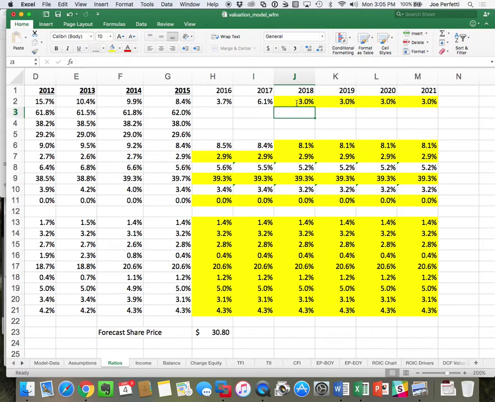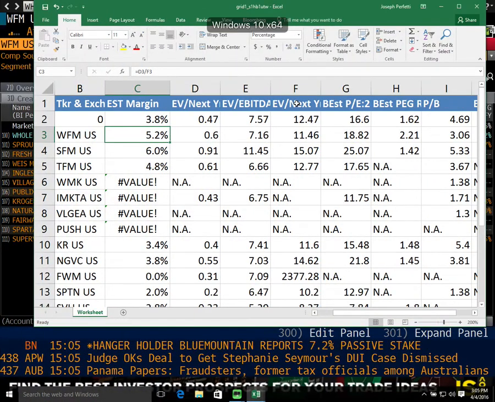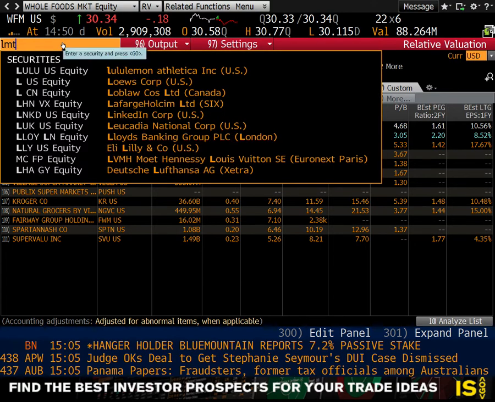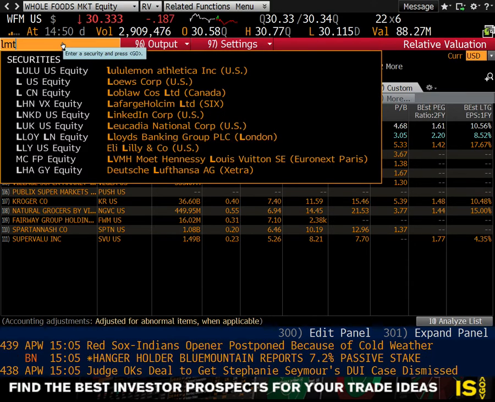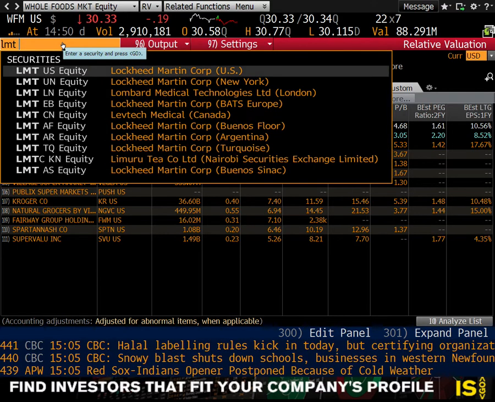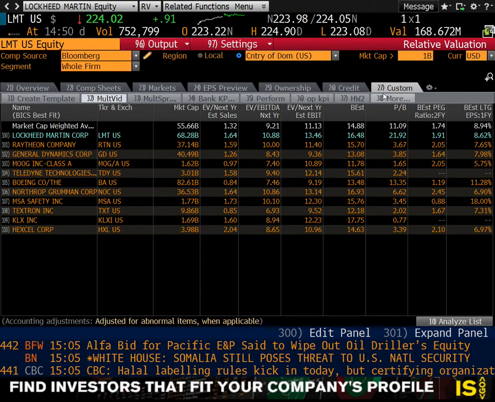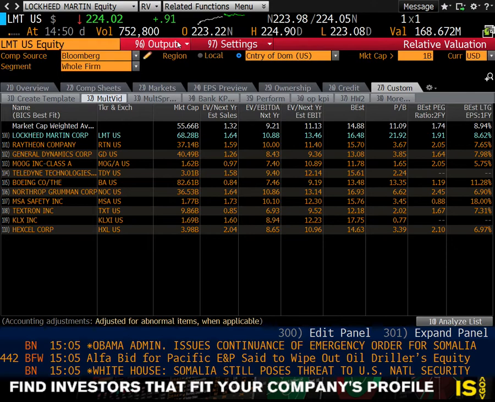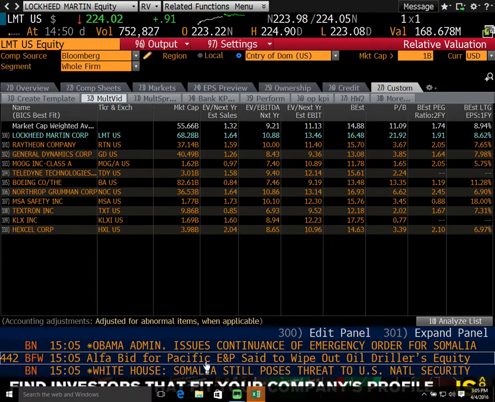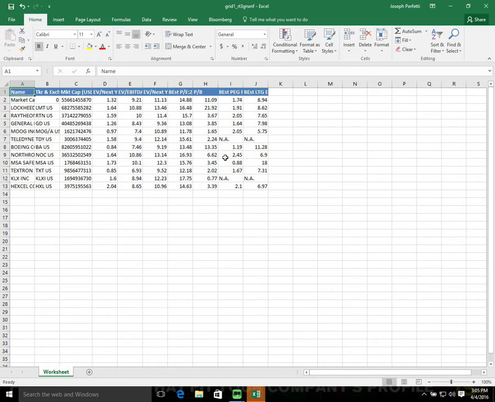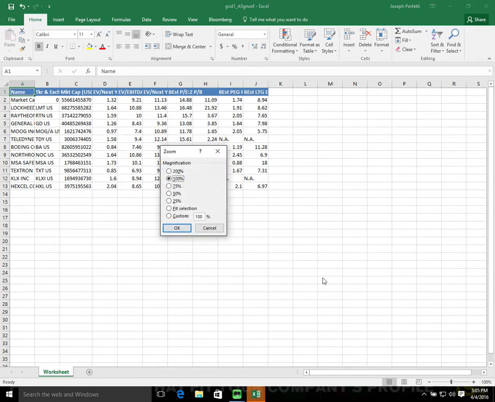Right? So just as another quick example, let me go back to Lockheed Martin, the defense and aerospace industry, LMT, U.S. equity. I go to our template here for multiples, output to Excel, and I'll make this bigger so it's easier to see.